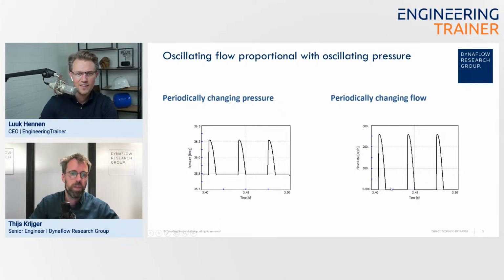Yeah. And what you can see then is for long periods of time there's zero flow, and then there's a peak in flow rate. So the majority of the time in these systems, or maybe not the majority, but a significant amount of time, the actual flow, if you would measure it, would be zero in the line.